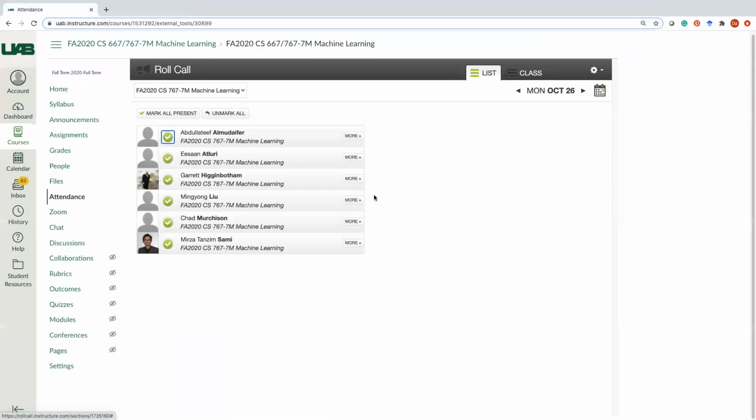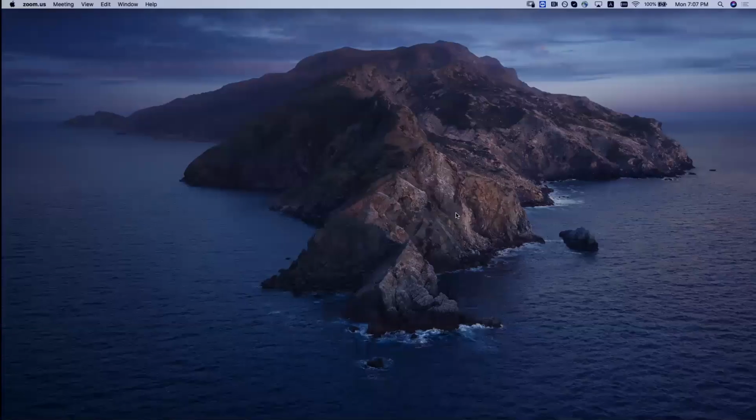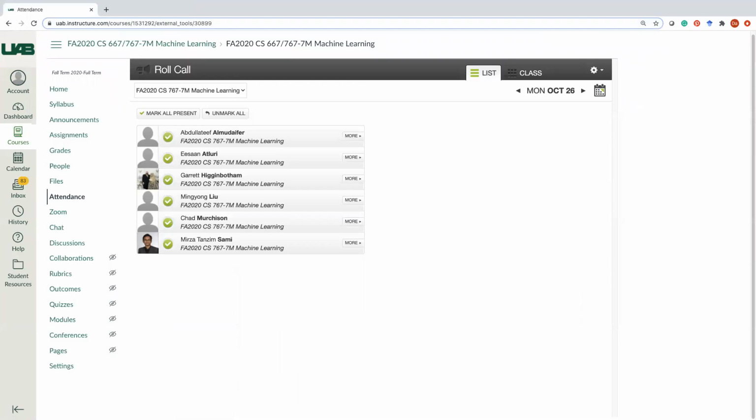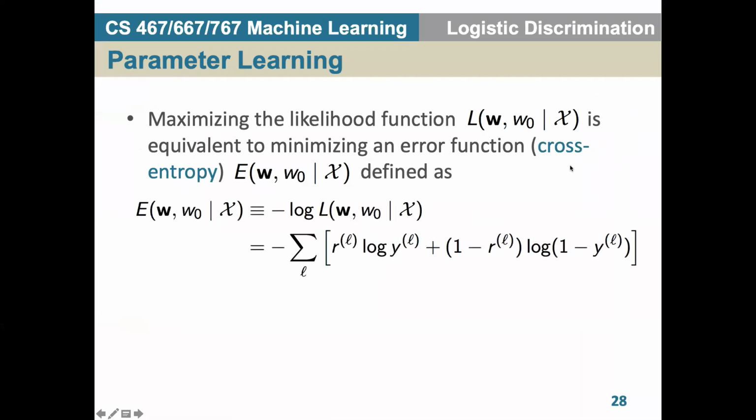If you have 1 billion parameters, the Hessian matrix is 1 billion by 1 billion. That's why deep learning these days all uses Adam, a gradient descent kind of method. But Newton's method is very effective if you only have a few parameters, and it will run many fewer iterations. It will converge way faster. We will see that.